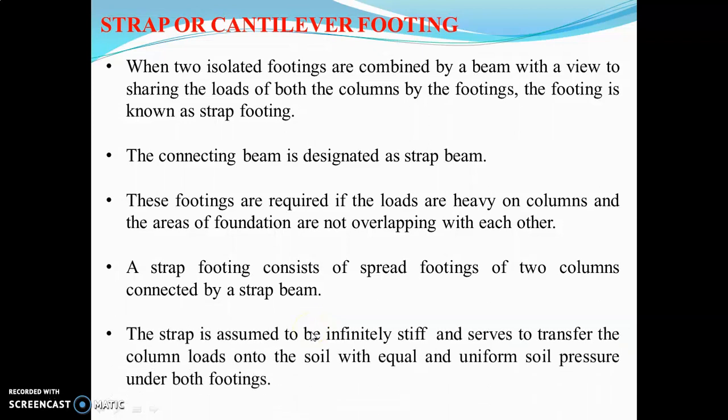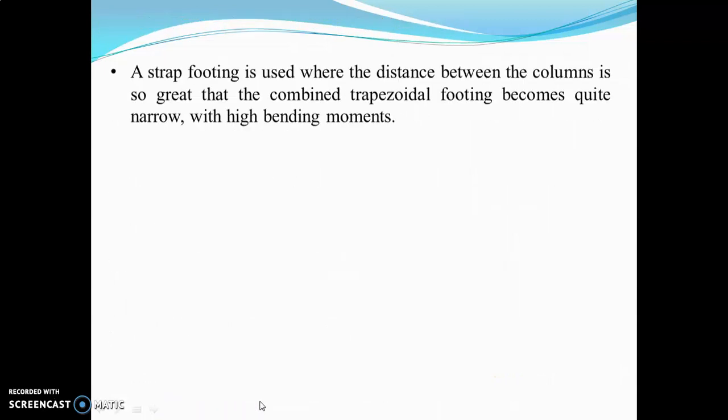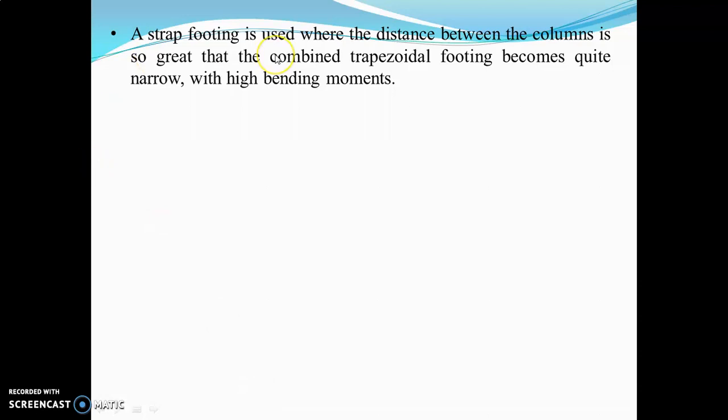The strap is assumed to be infinitely stiff and serves to transfer the column loads onto the soil with equal and uniform soil pressure under both footings. A strap footing is used where the distance between the columns is so great that the combined trapezoidal footing becomes quite narrow with high bending moments.